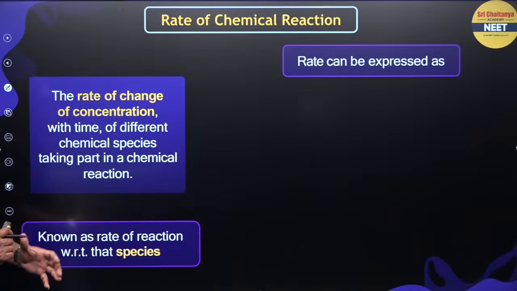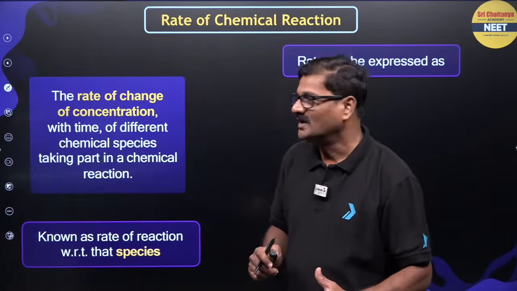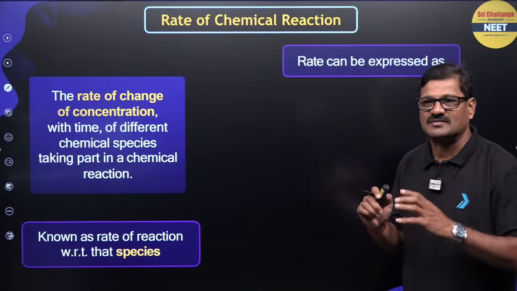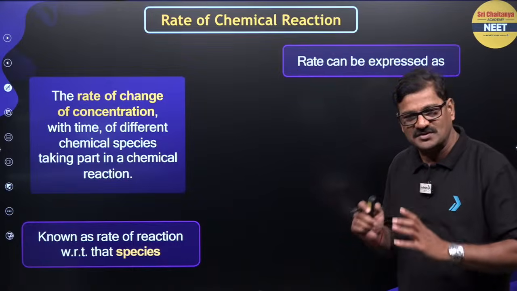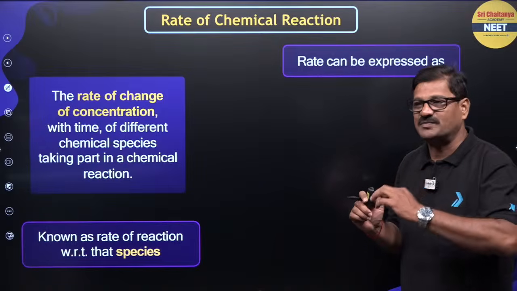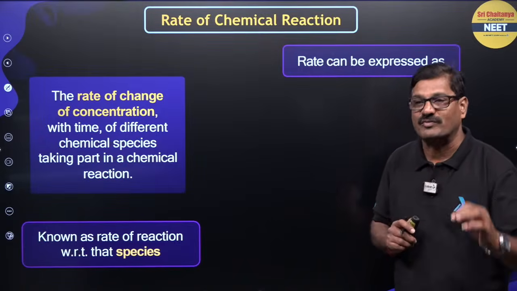In this rate of a chemical reaction, rate is a change, bachcho. What kind of change? There is a change in the concentration, or a change in the pressure, or a change in the active mass with respect to time. It is known as the chemical reaction rate.